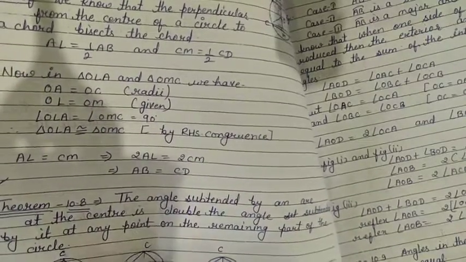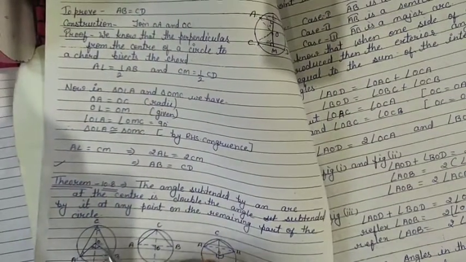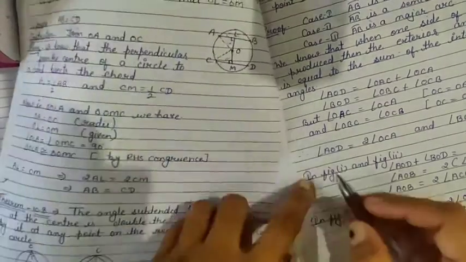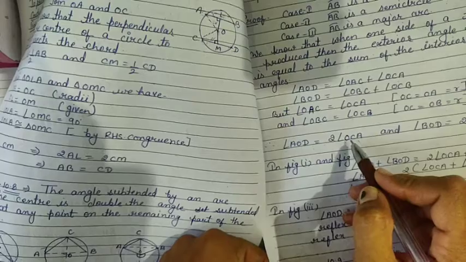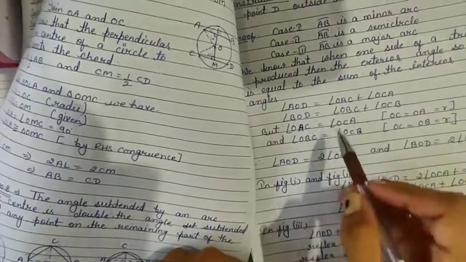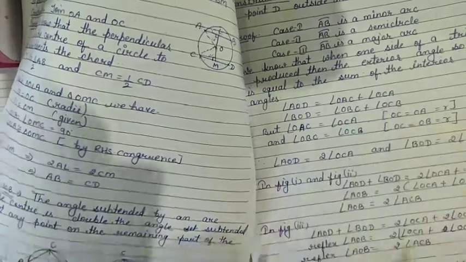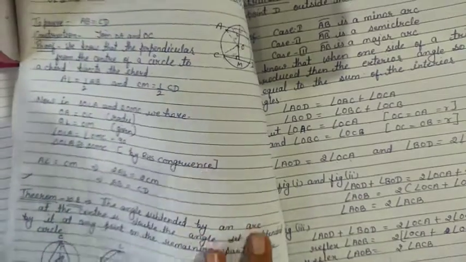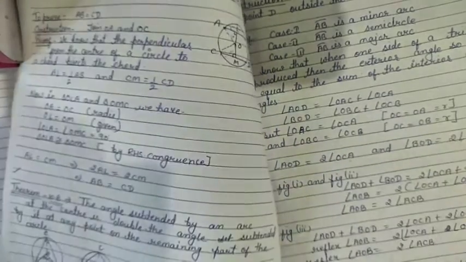And OBC equals OCB because OC and OB are radii of this circle. These are two angles made by two radii of a circle. It means AOD equals 2 OCA and BOD equals 2 OCB.